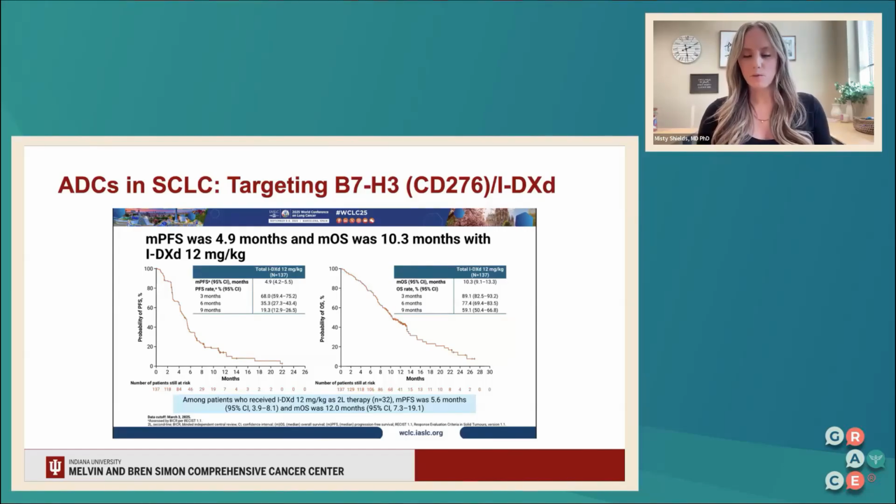Again, this is really a compilation of all the patients on the study, with each one of those individual hashes representing a patient. And so while this is a major improvement, we want to see 2, 3, 4+ years. We want patients doing well. So there's definitely room to improve, but very exciting on this drug to see this activity.